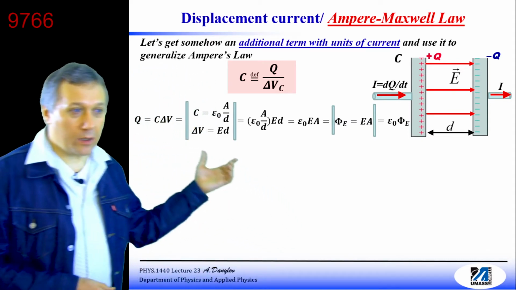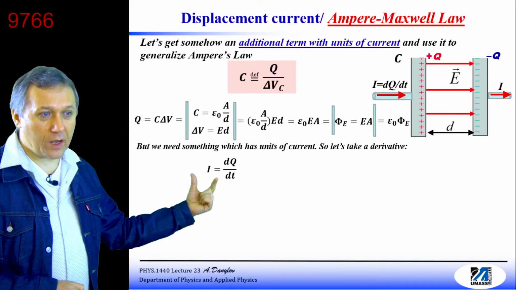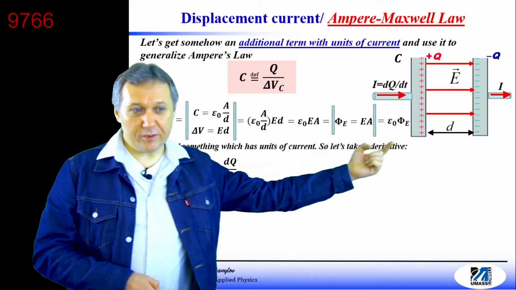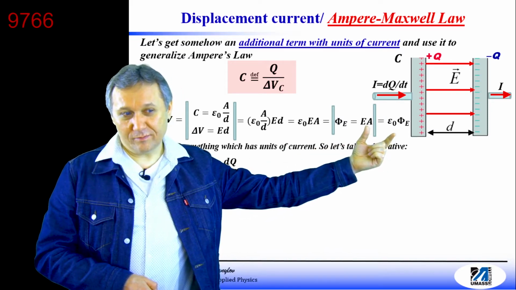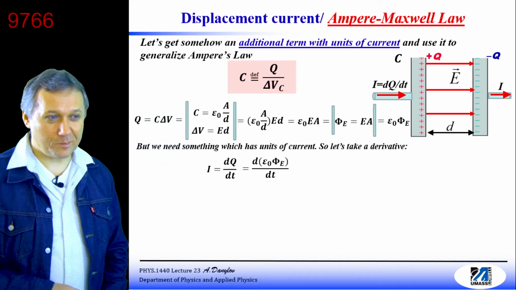Okay, so now let's differentiate it. I equals dq over dt, and we can differentiate this expression, epsilon naught times electric flux.